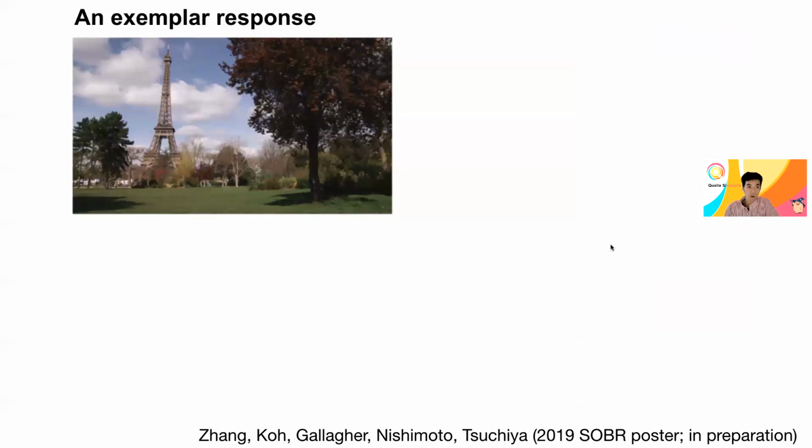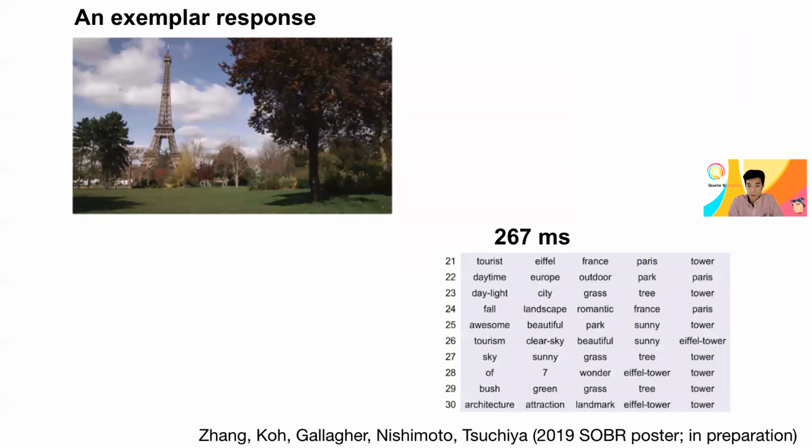So everybody has to report 5 words at least. I already showed this, but as an exemplar response: upon seeing this particular picture that you saw, what do people usually report? That's the question. At 267 milliseconds, which is one third of a second, it's very long compared to a brief flash.